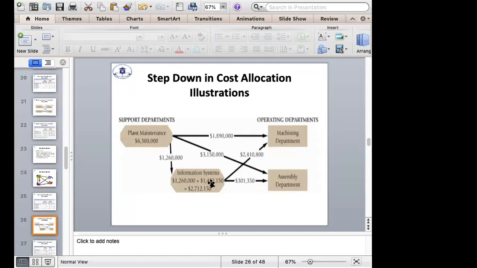So this number plus this, which is coming from here, now the total cost is 2.7 million something, right? So now you allocate this number 2712150 here and here. So this is the way of applying the step down method.